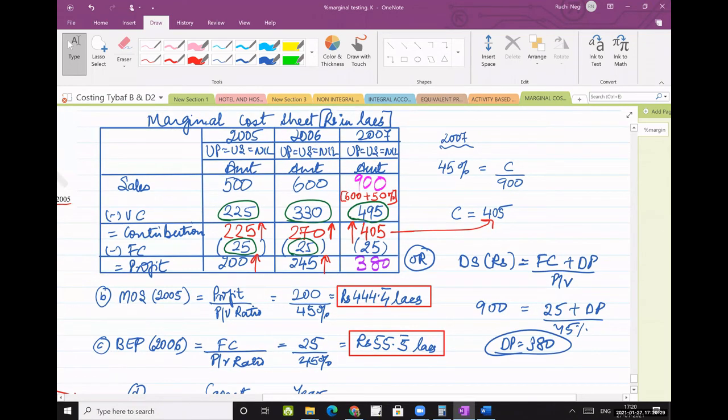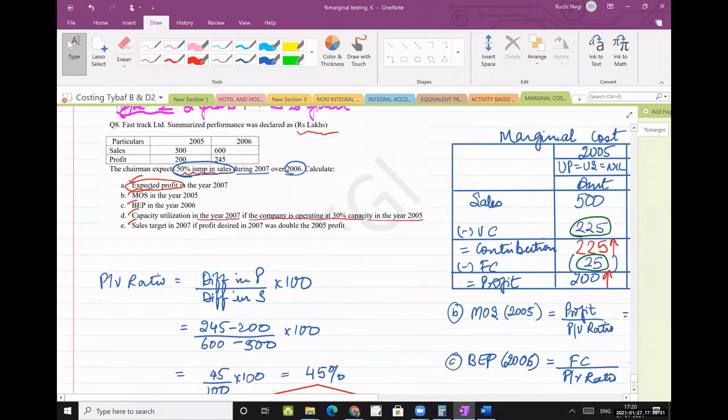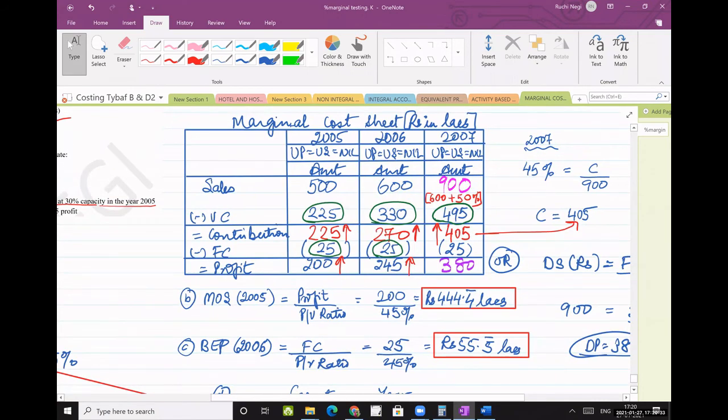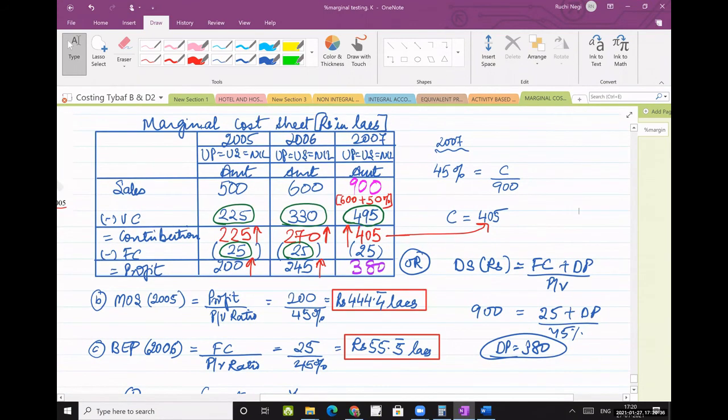This is also done. This was the A part. So see how jumbled up they have given information. Okay, so this is the A part of the sum. Okay, A, B, C, D is also done.